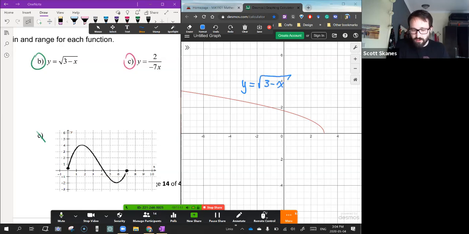Now I'd like you to tell me, what are the possible x values? I've graphed my function, I did step 1. Are there any x values that don't exist on this function? For example, if I choose a value, that exists because it has an accompanying value here.